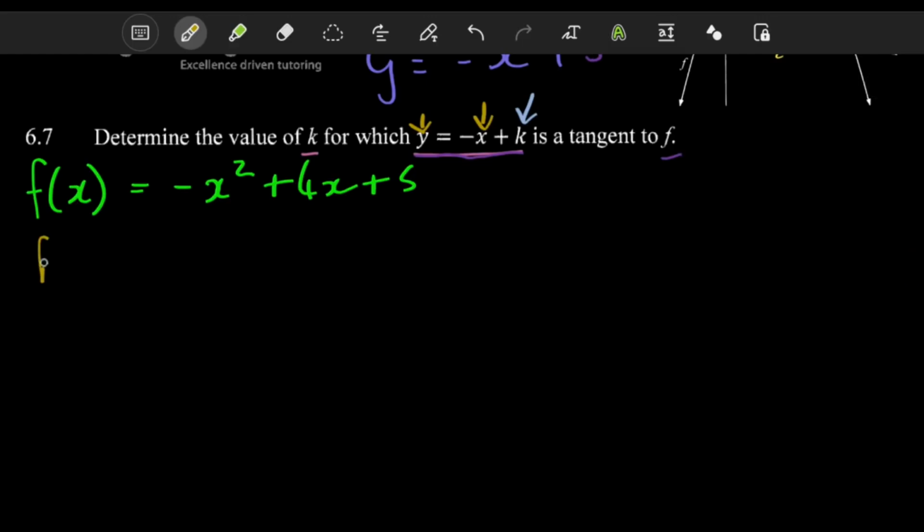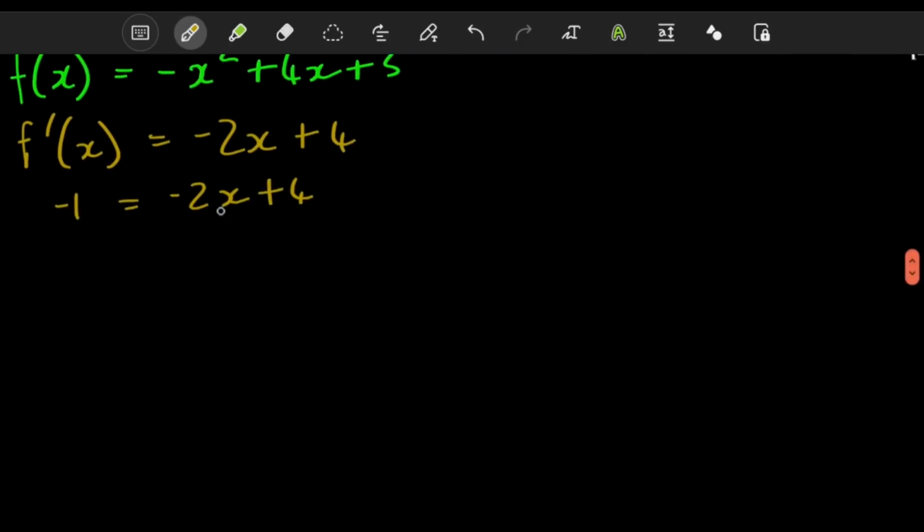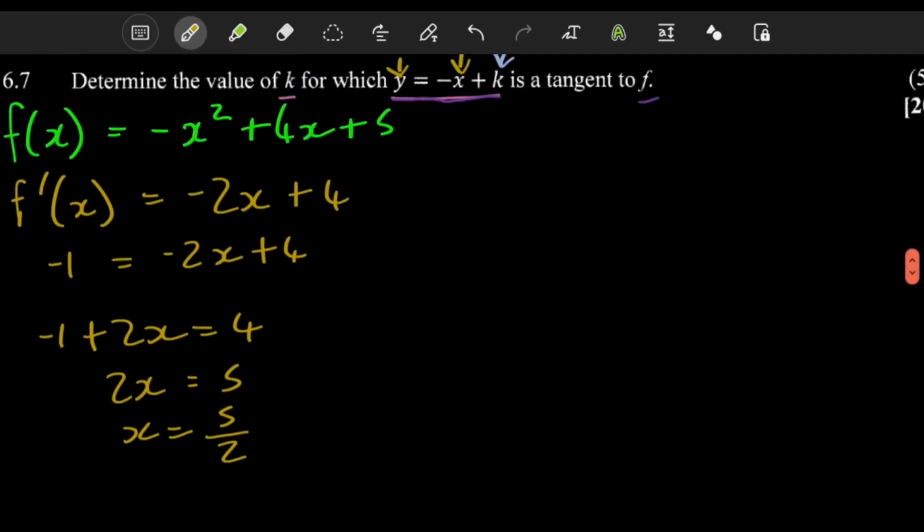The gradient equation is clearly just your first derivative, -2x plus 4. You want the gradient to be -1, and then you want to solve for x. So this can go over, and then solving for x, the 1 can go over. There's just a 5, and then x is equal to 5/2. Yeah, x is 5/2.